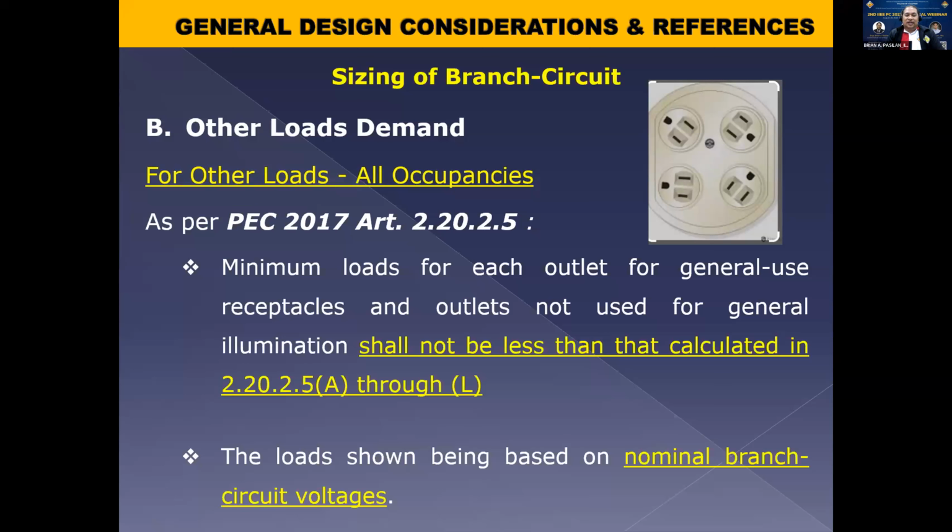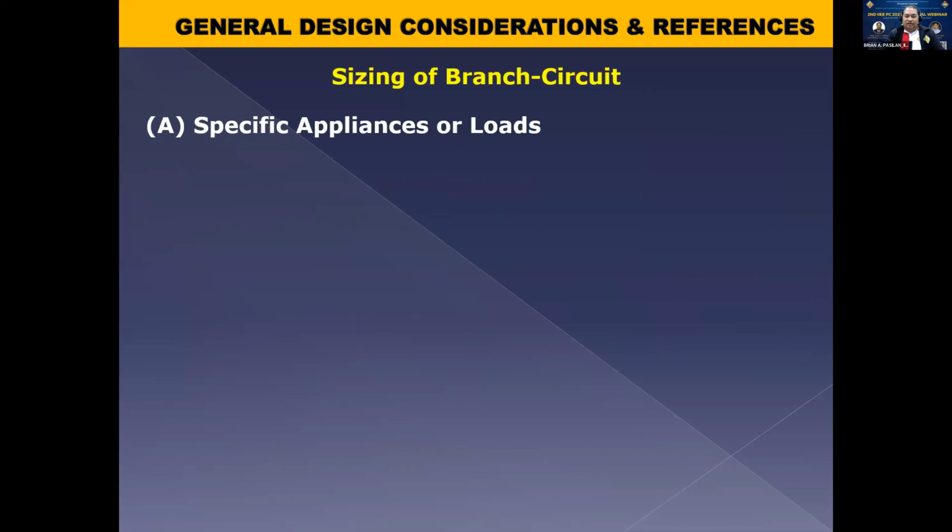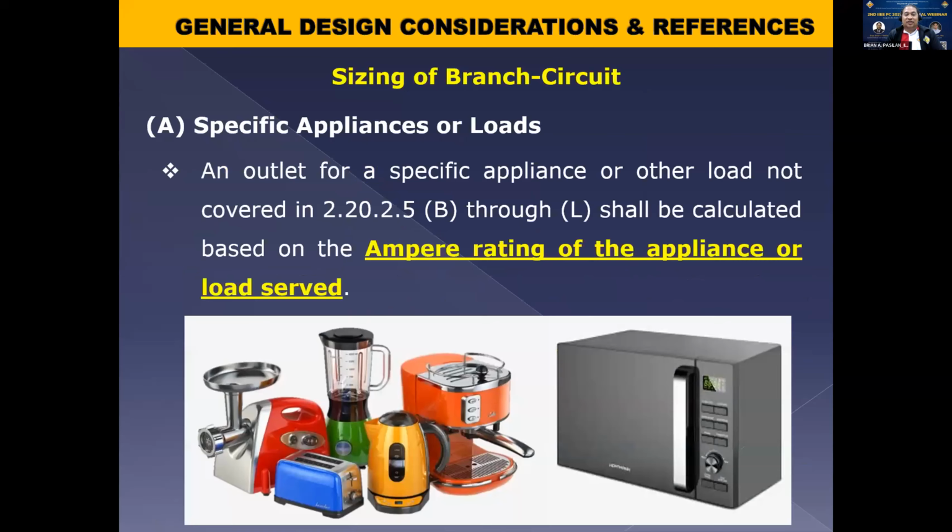Dapat ito yung other loads na hindi dwelling units. So item A, kung specific appliance or loads, ang consideration niyan is the ampere rating of the appliance or load served.